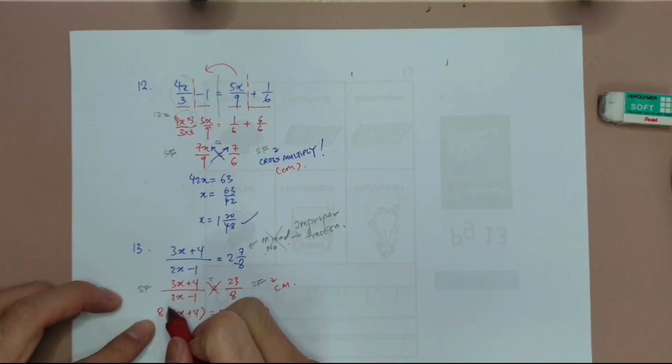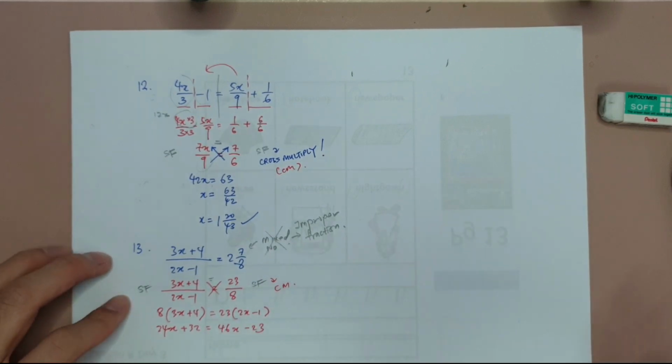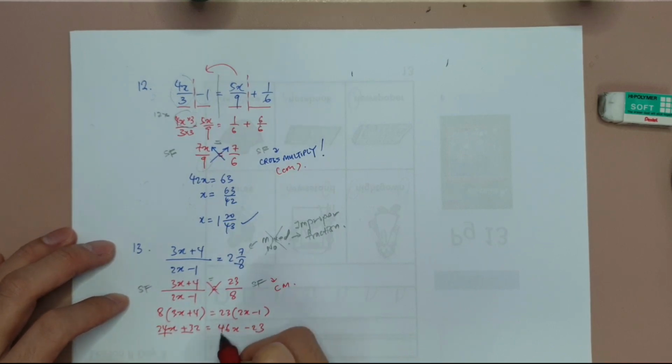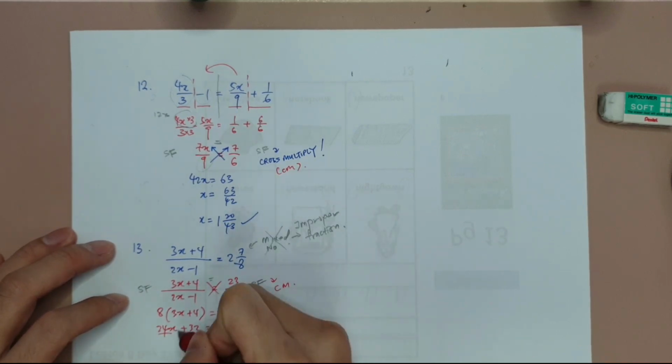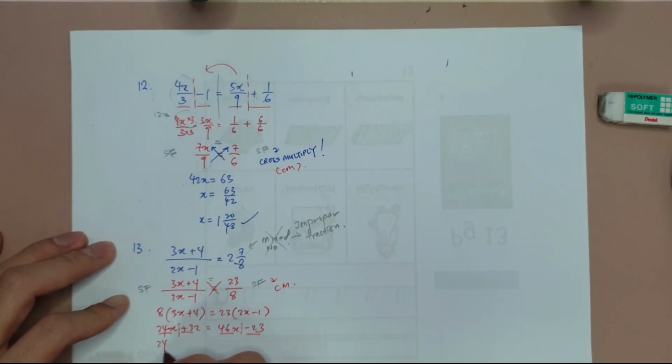So you just distribute inside. 24x plus 32 equals to, how much is this? 46x minus 23. Okay, so bring all the x together. The standard way. The dotted lines or the lines below, don't draw it, just to show you. That's why I put it that way. So 24x, bring this minus 46x minus 23, and then bring this minus 32.